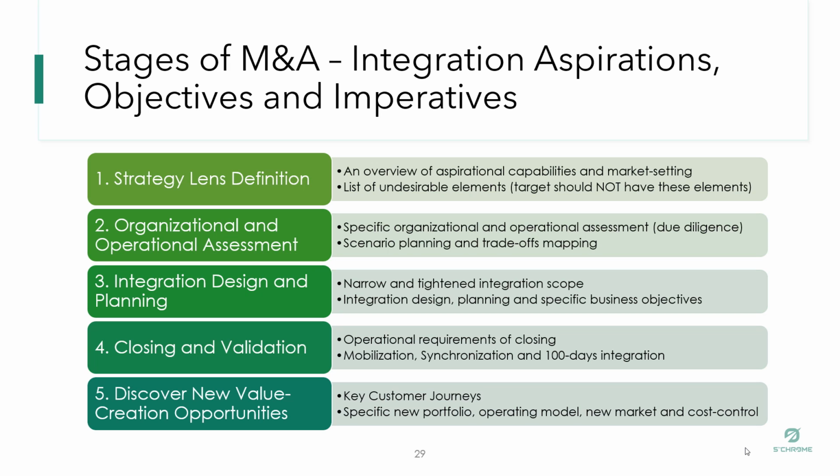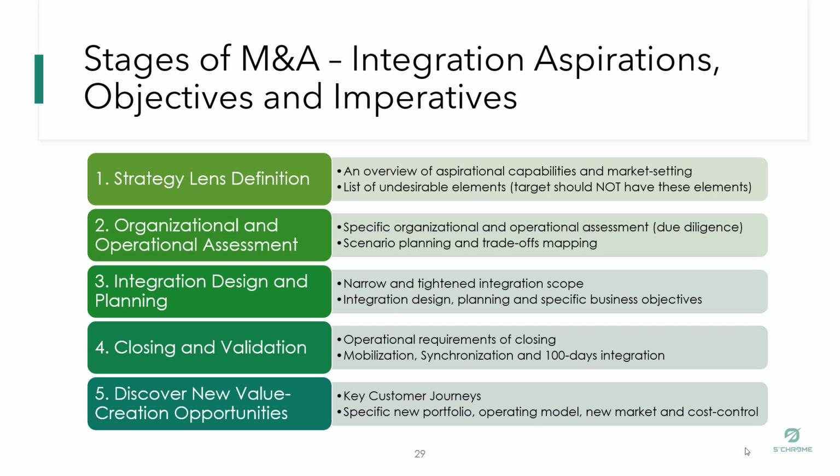You then look at integration design and planning. This is where you start tightening the scope of work that's going to be part of the integration. You start translating the strategy objectives into functional or business objectives, and then you get into stage 4, which is closing and validation. By the way, I've mentioned validation here.